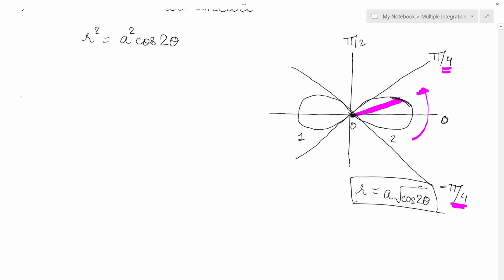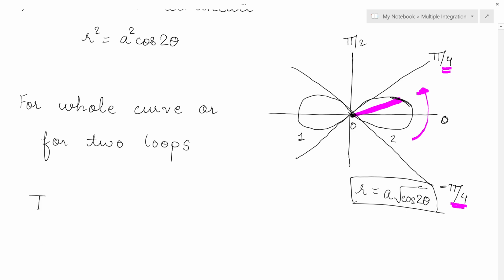Right? So you can write for the whole curve, or for the 2 loops, the integration is 2 into minus pi by 4 to plus pi by 4.